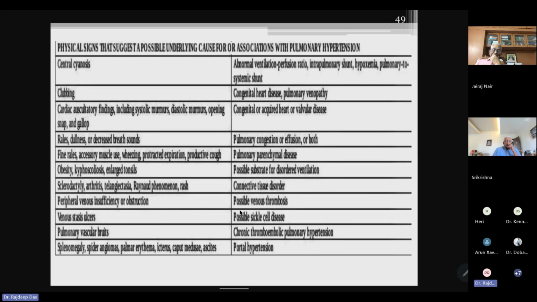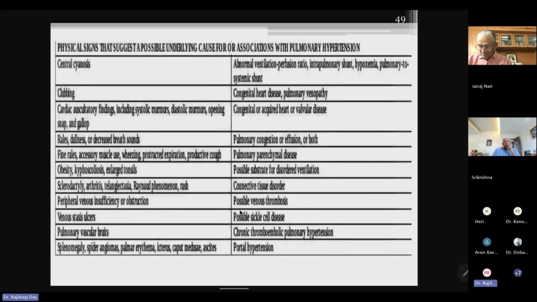Cardiac auscultatory findings such as systolic or diastolic murmur, rales in the chest, dullness or decreased breath sounds may indicate pulmonary congestion or pulmonary parenchymal diseases. Obesity and other phenotypic features like sclerodactyly, arthritis, telangiectasia, and Raynaud's phenomenon may indicate a connective tissue disorder.